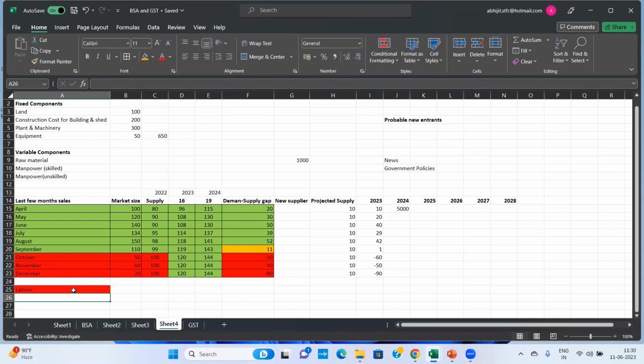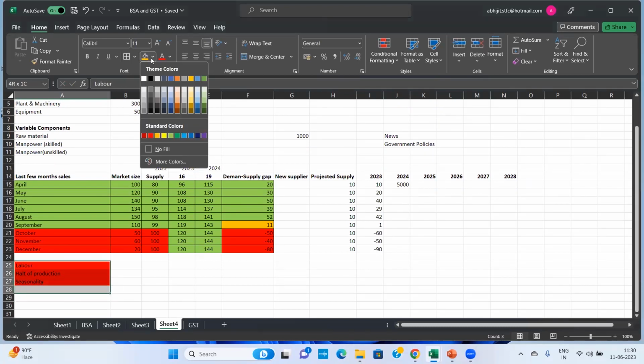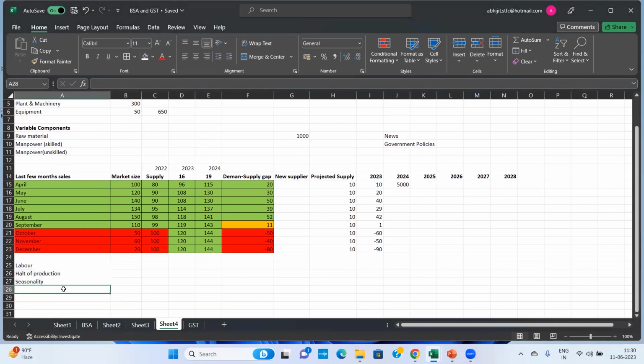Then again, halt of production due to unknown reasons, due to many reasons. Then there is seasonality. Could be in the monsoon, you suffer a heavy loss because of water and all these things. Then it could be a strike. It could be discount. It could be donation to political parties.